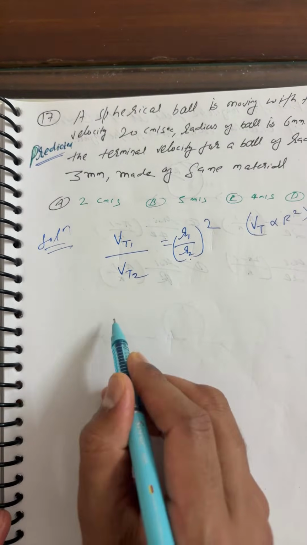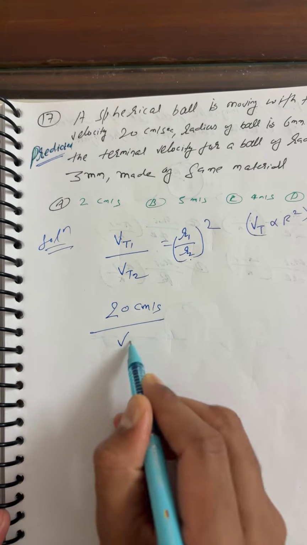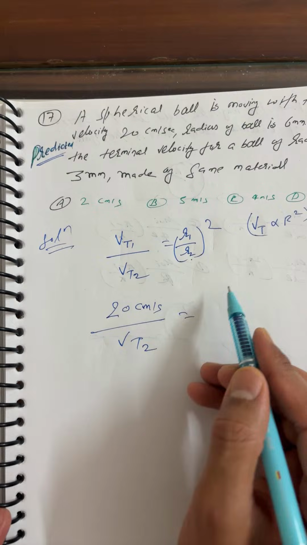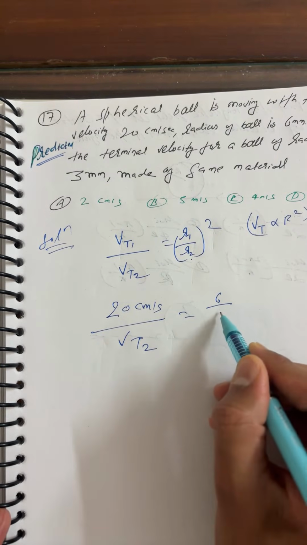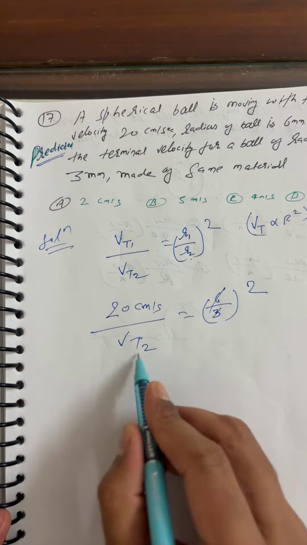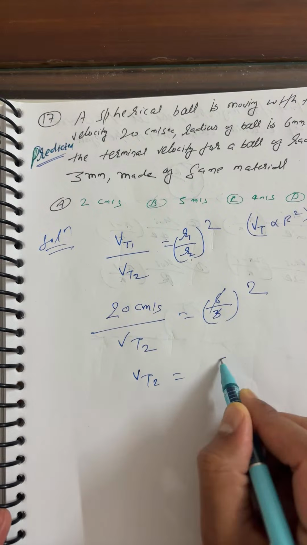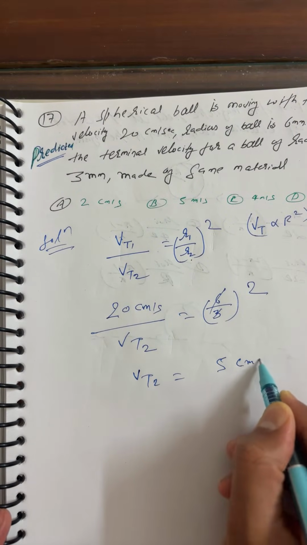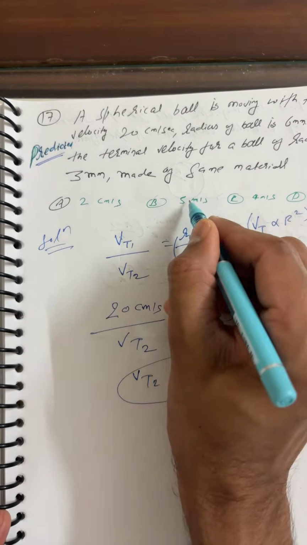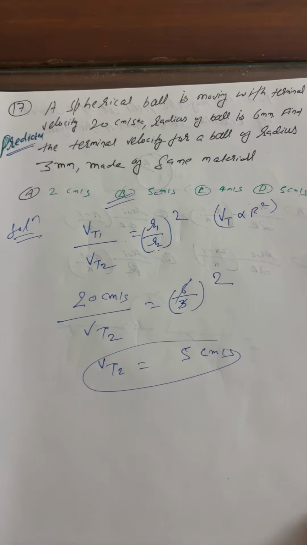Given, this is 20 centimeter per second. We have to find V2. What is R1? This is 6. So you can say 6 by 3 whole square. VT2 is nothing but 5 centimeter per second. It's centimeter. So option B is correct, students.